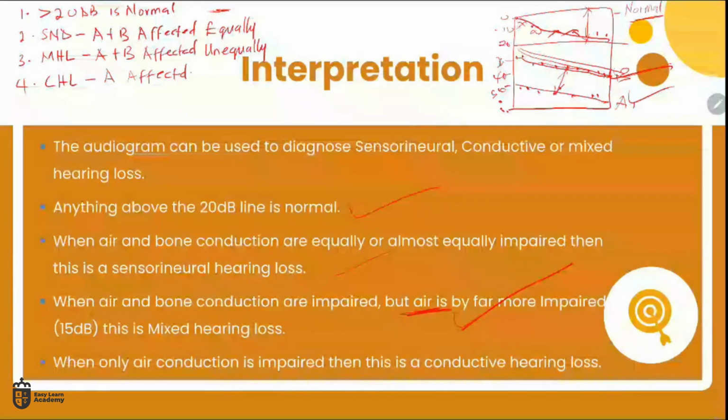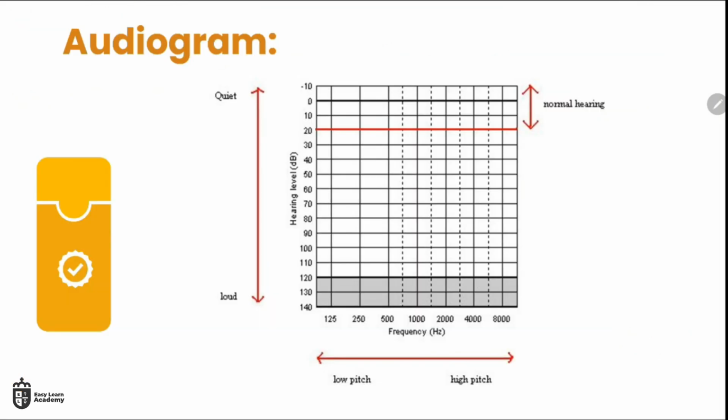When only air is affected, then this is conductive hearing loss. So it's just all the 4 points that we have put in there, and this is how the audiogram looks. You can see clearly that that place has been labeled normal, and anything below 20 is abnormal.